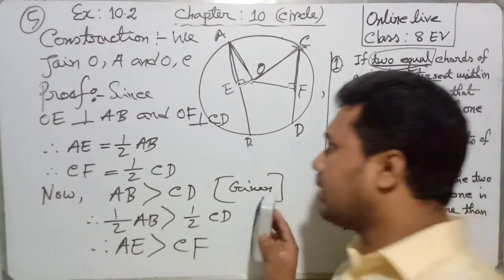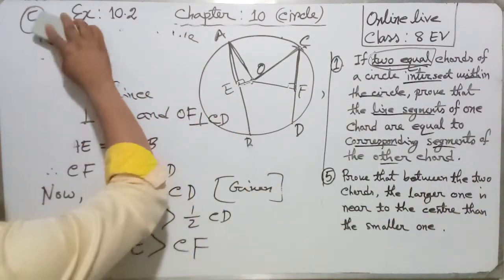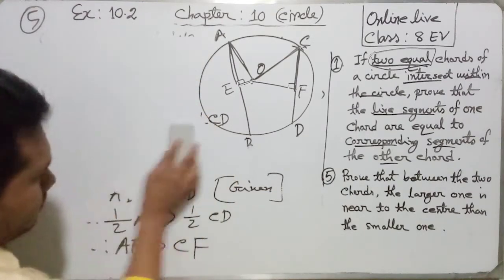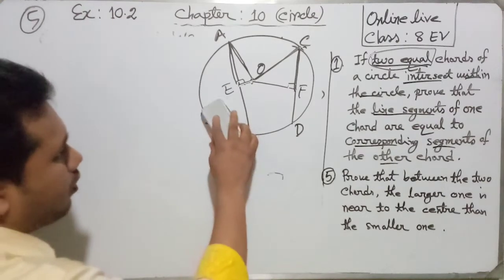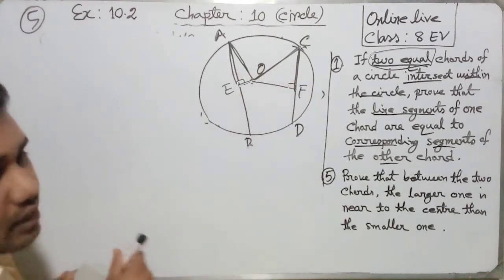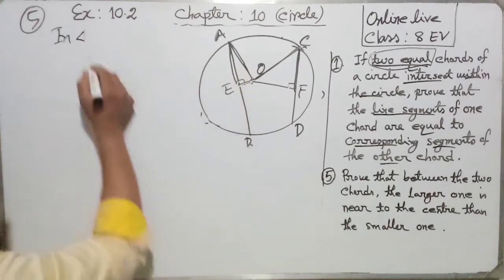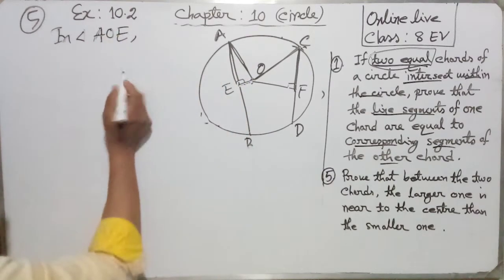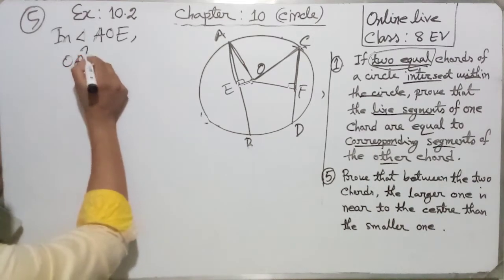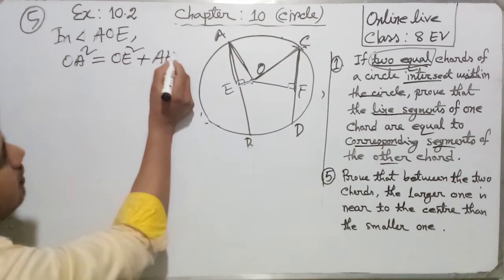Okay dear students, now we can write, from these two right angle triangles, look, in right angle triangle AOE, we can write OA square equals OE square plus AE square.